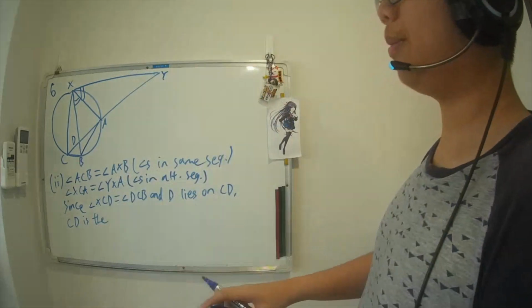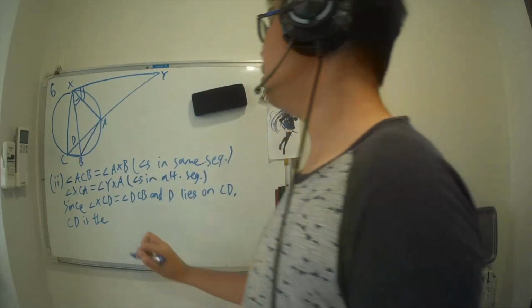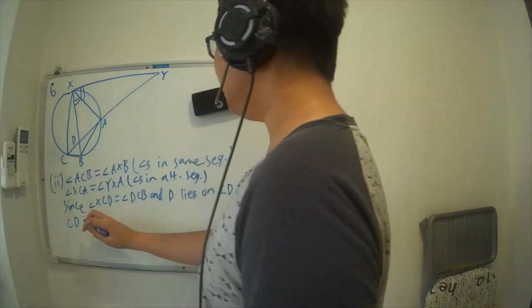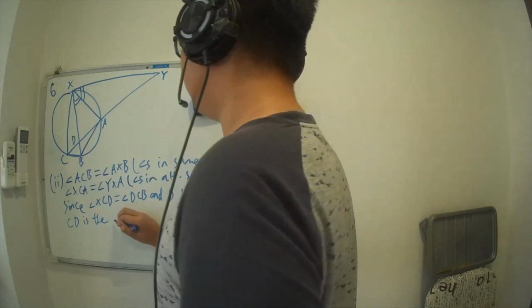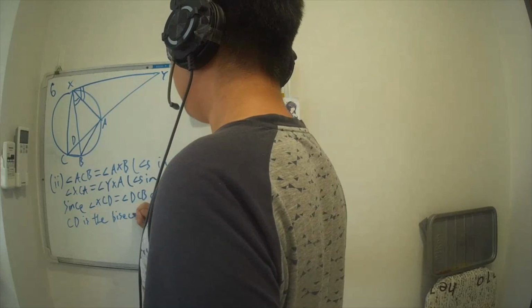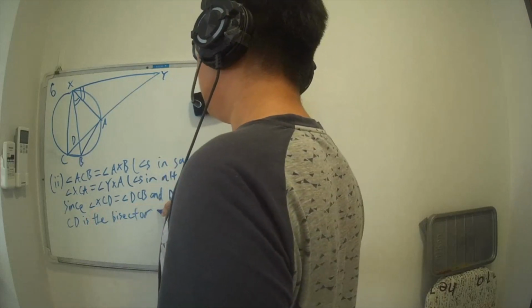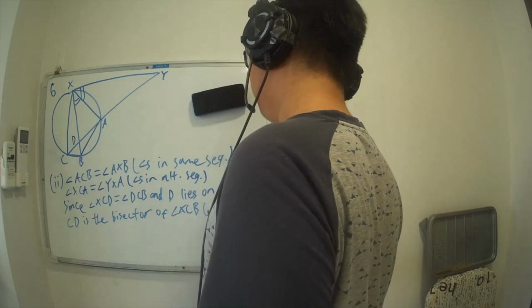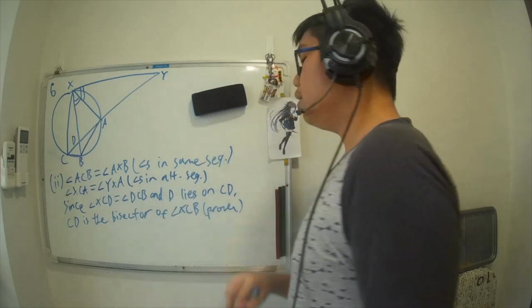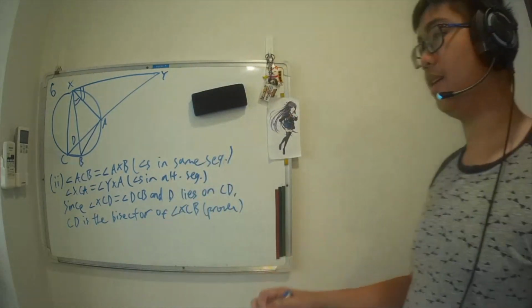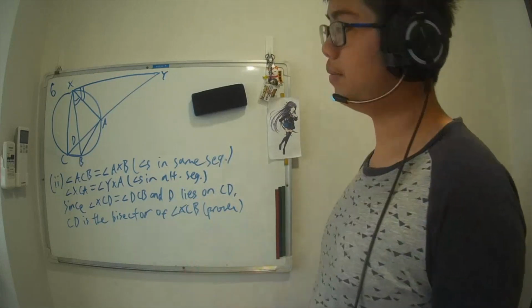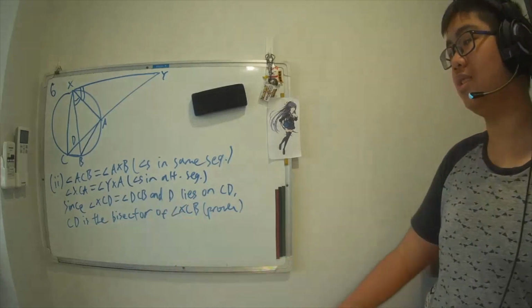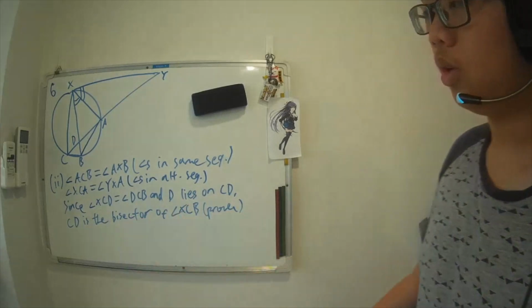I think I'm used to perpendicular bisectors from proofs in coordinate geometry. CD is the angular bisector, to be more specific, of angle XCB. Proven. I'm used to perpendicular bisectors because of EMATS stuff, as well as coordinate geometry. But this is not a perpendicular bisector, this is the angular bisector.